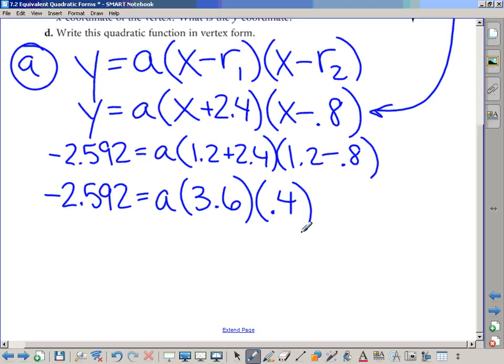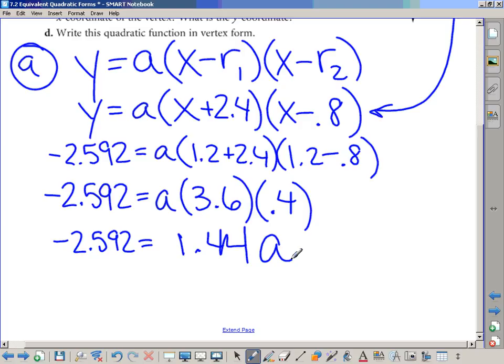Sure. $1.20 minus 80 cents, 40 cents. There we go. 3.6 times 0.4. Help me out. 1.44? Good. Okay, so it's 1.44a, right? That turns out to 1.44 times a.